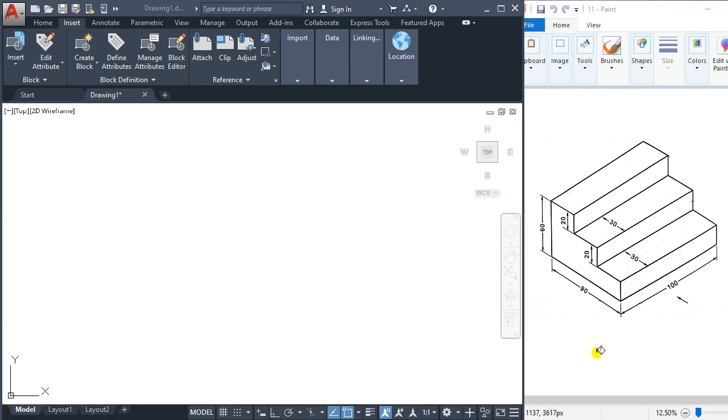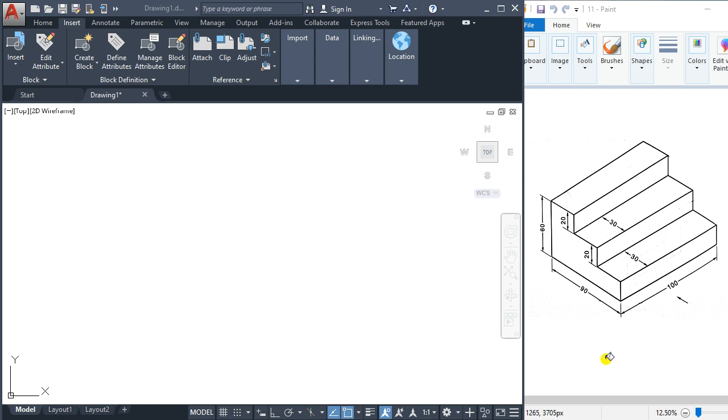Now let us draw the orthographic projections of this simple figure and understand the orthographic views. We know orthographic projection means observing the object with the rays coming out of the eye hitting the surface of the object at 90 degrees.